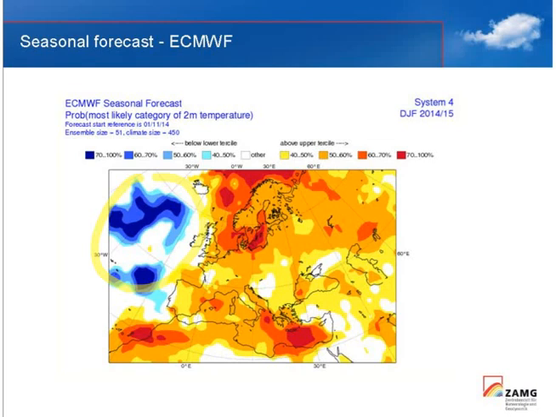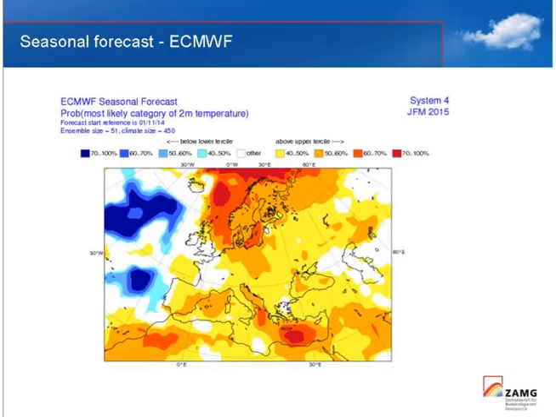So seasonal forecasts are not that easy and are really tricky, and there's a clear sign for a too mild winter in these model fields. This is the period December, January, February, but also in the period January, February, March, it looks like it will be too mild.